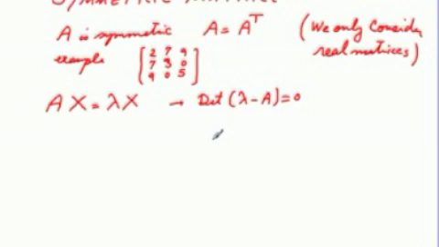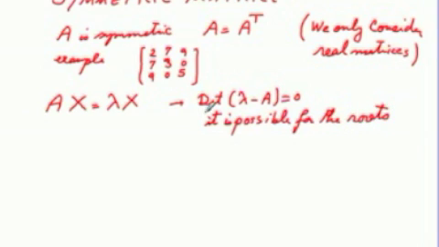But when you are dealing with polynomials, it's always possible for the roots to be complex numbers. It is possible for the roots that you're after, the lambdas, to be complex numbers.